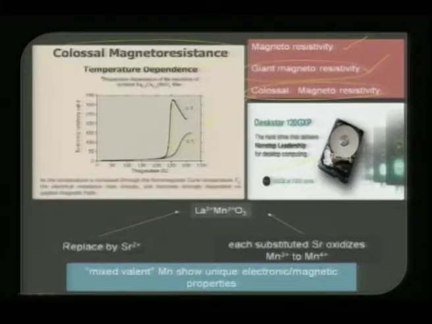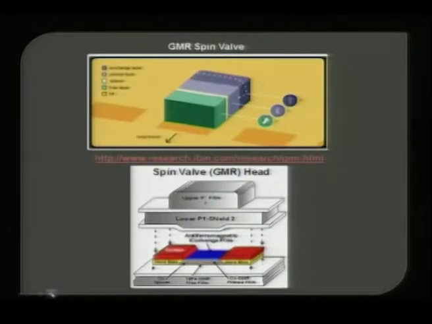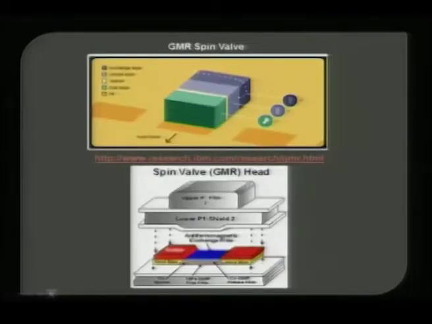So the compounds which show a similar property, the colossal MR property, are compounds based on LaMnO3 when substituted with strontium, barium or copper. Now what is important as far as the metallic multilayers are concerned, this is a typical multilayer that is made and it is presently used in our computer hard disk, and if you want to see the animation of this, you should visit this website.